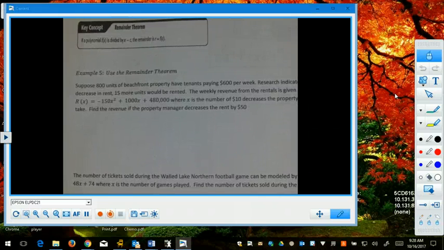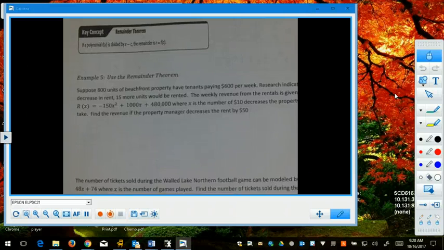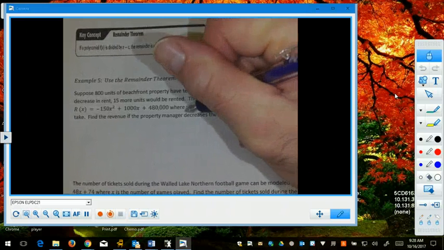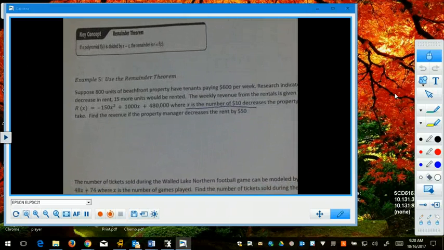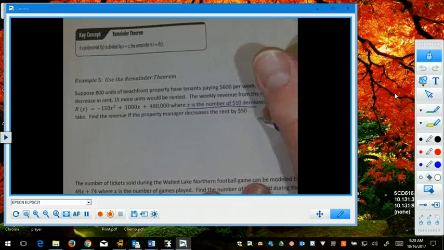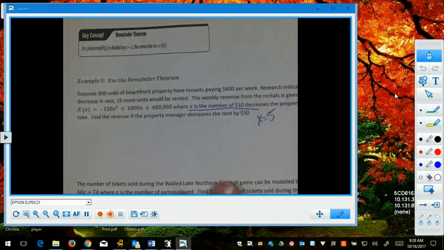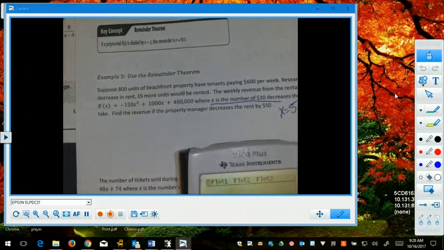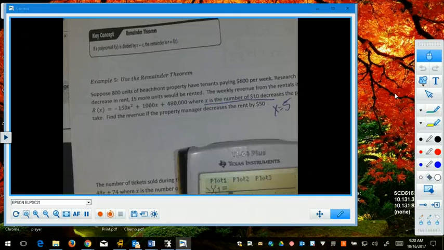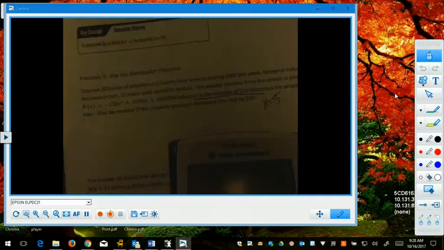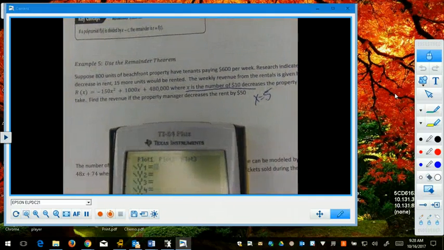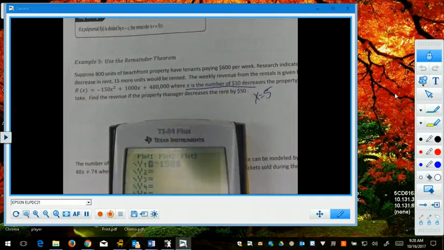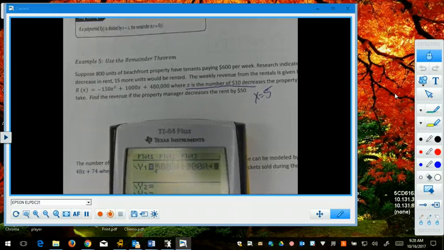Yeah. What does x represent? The number of $10 decreases. So if he's going to take a hit of $50, what should I put in as x? 5. And I'm not going to divide synthetically, not with those numbers. So I'm going to use the remainder theorem and my calculator. For y sub 1, I put in -150x squared plus 1,000x plus 480,000.